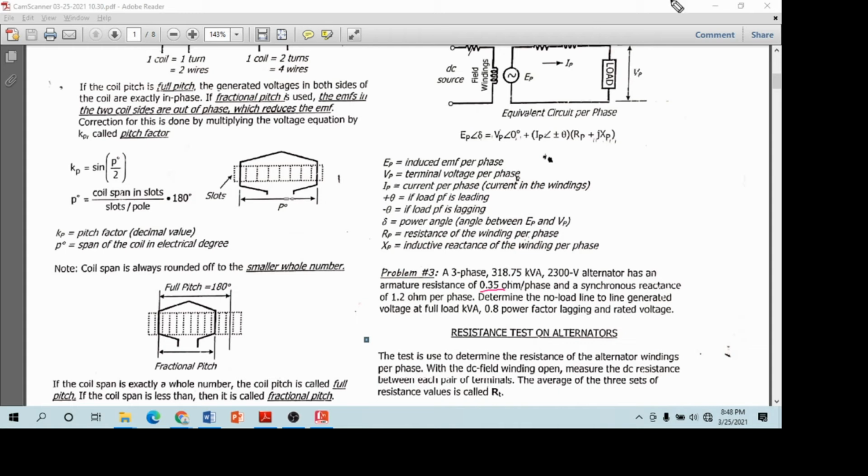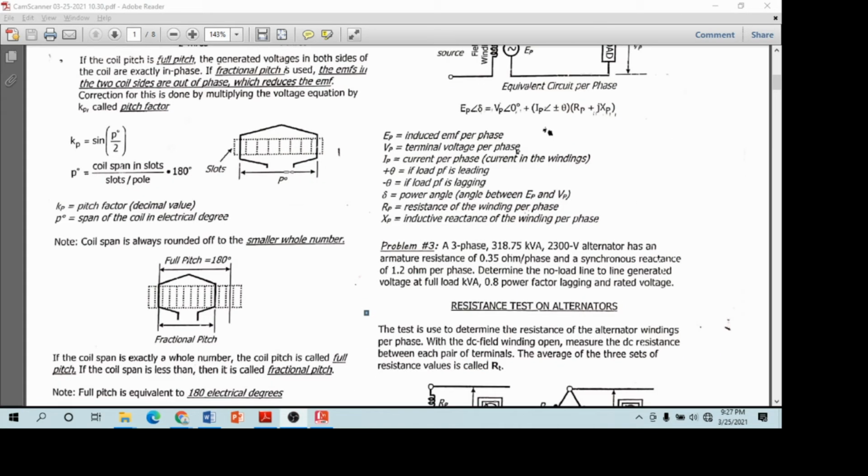Okay, now, how to solve this one? So, start with solving for IP. To solve for IP, remember this formula.